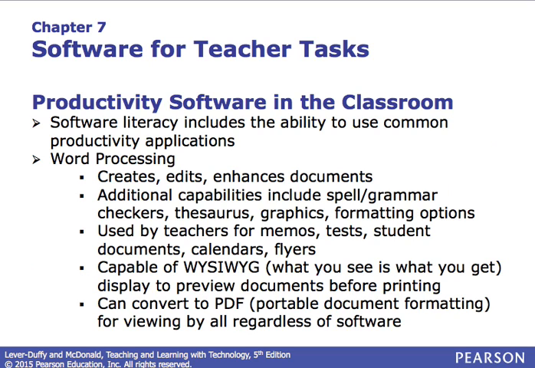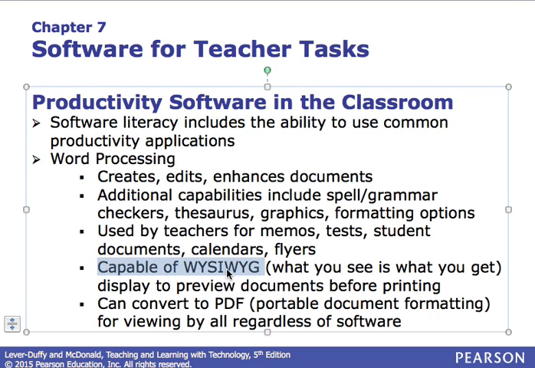Productivity software in the classroom. Software literacies include the ability to use common productivity applications. Those are Word. The big thing you should probably pay attention to, and will probably be on the quiz, is WYSIWYG, which means what you see is what you get. Back in the day, when I was writing papers for college, we didn't have Microsoft Word.